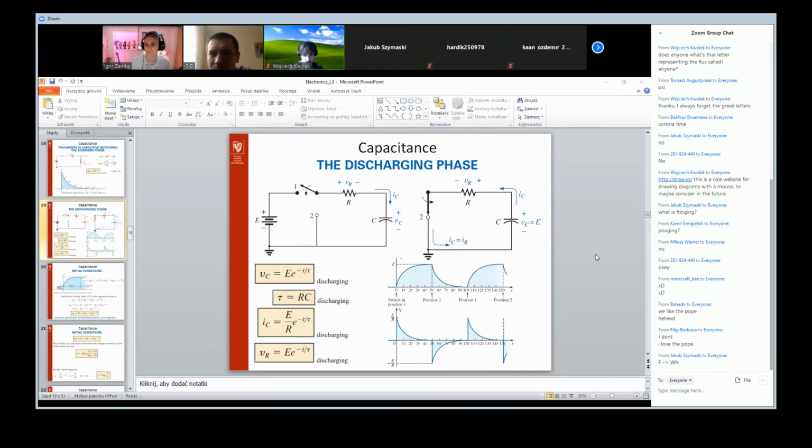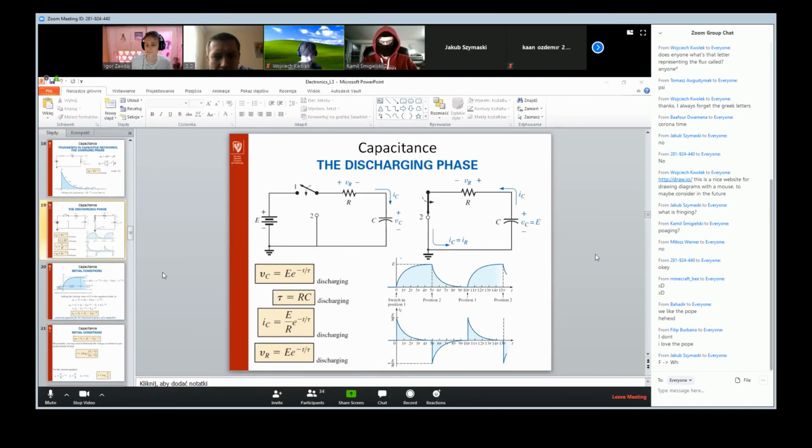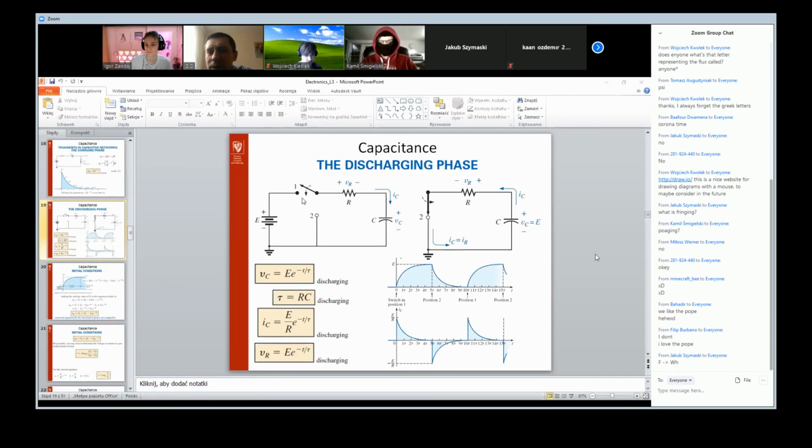The energy stored in the capacitor into actual work, force, energy. Can we convert it? Okay, could you repeat?